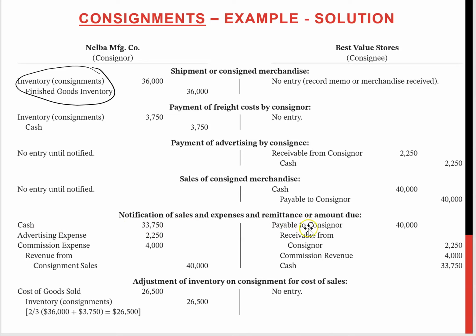On the other hand, consignee will record this journal entry. They pay or transfer the cash. We'll see how much they pay, but they will remove this payable to consignor entirely, 40,000. This cash, they have no right on it, but they will do the other adjustments.